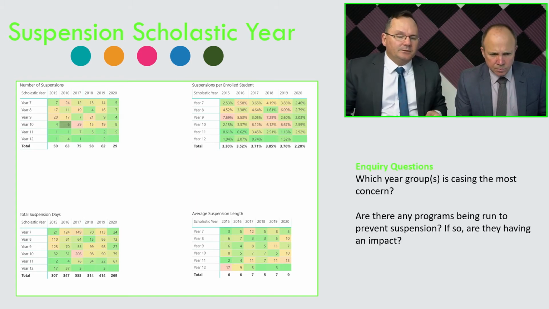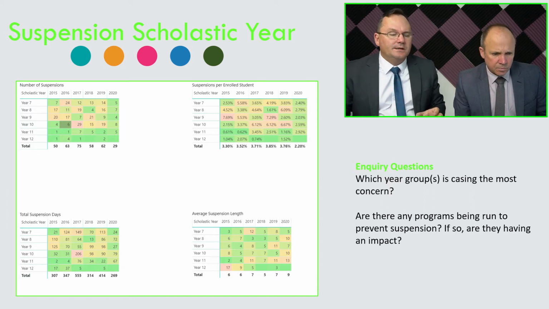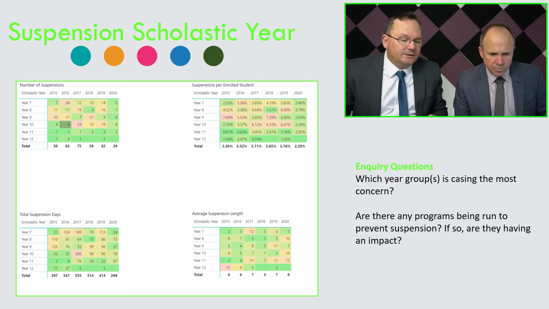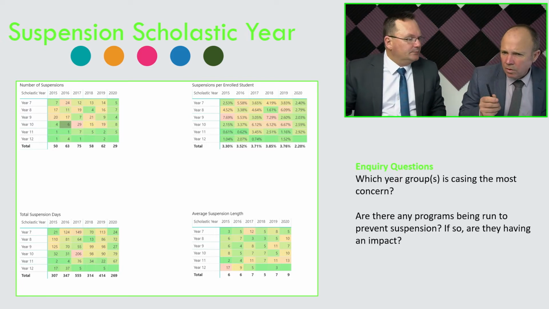Again, we've come up with some inquiry questions. Which year group or which year groups are causing the most concern? Are there any programs currently being run to prevent suspension? And if so, are they having an impact? And particularly in a high school, there might be a program that targets a year group or a stage in a primary school. And it's really important to have a look and make some judgment calls.